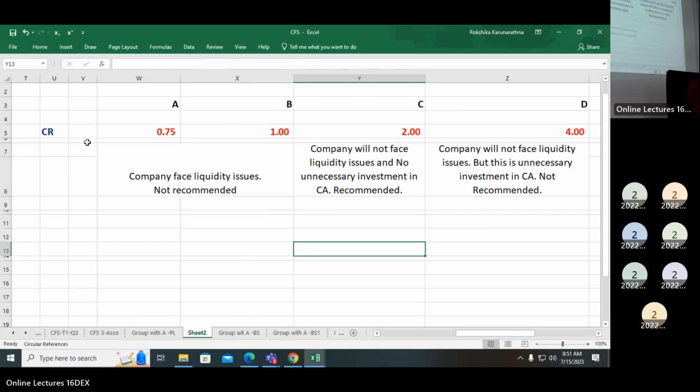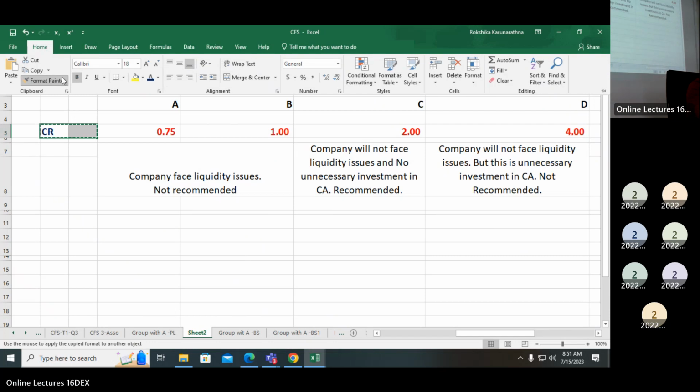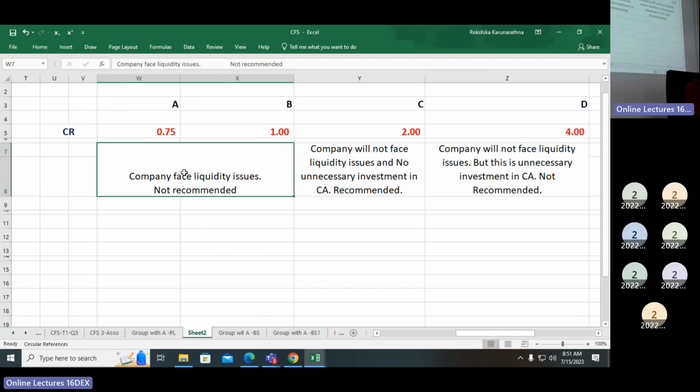Right? The current ratio, then I took 4 companies: A, B, C, D. So A and B companies face liquidity problems because you don't have enough assets to settle liabilities. So that is not recommended.